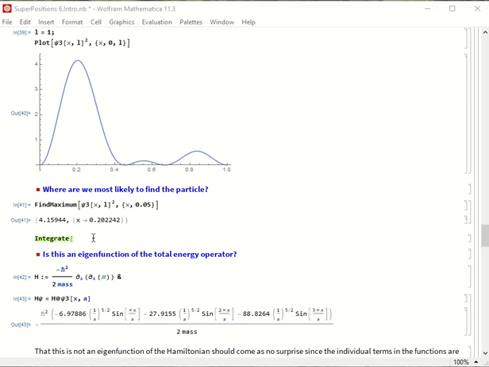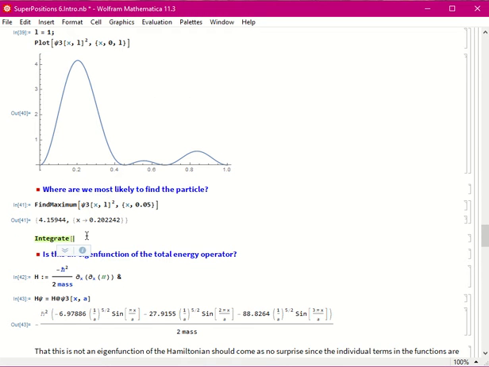We can also determine the expectation value, the average value for a position measurement, by remembering our simple formula for the expectation value, which is psi star, and that should be psi 3, not psi e, times x, which is our position operator, times psi, which again is psi 3x1.